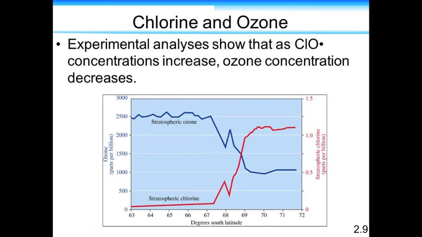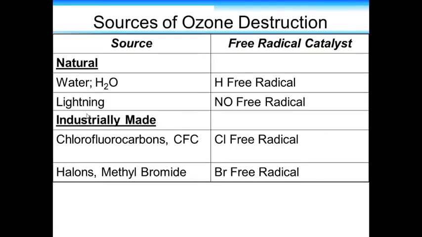We have data showing that as concentrations of chlorine radicals increase, ozone concentrations decrease. So here we have on the right-hand side chlorine concentration in parts per billion, and then ozone concentrations in parts per billion. This slide just summarizes our different sources of ozone destruction.